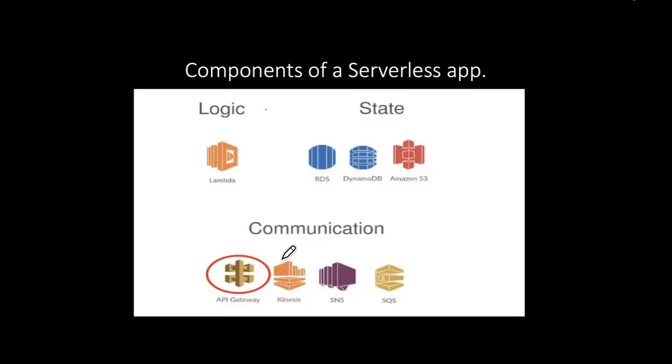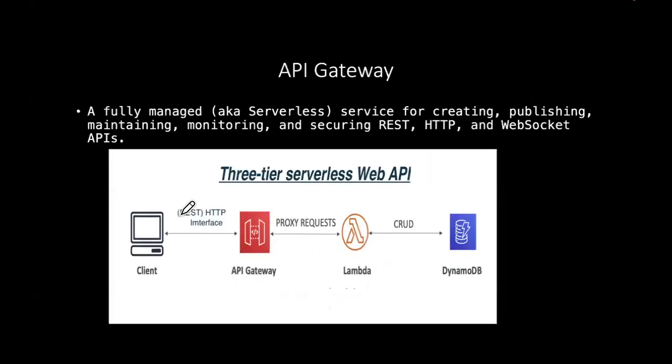These other services here are more about Lambda to Lambda communication. And we will look at SQS and SNS later on in this module. That's where API Gateway fits in this overall server-side serverless application.